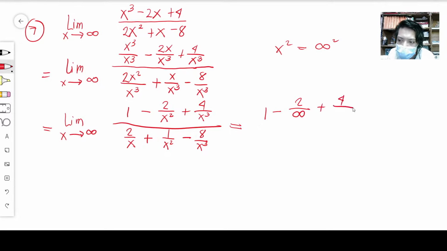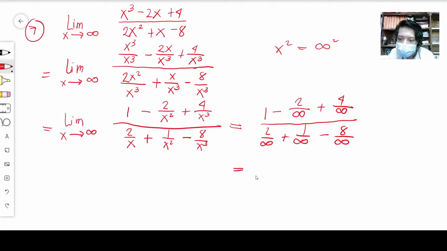How much more for cube? A very large number raised to 3. Of course, it is just infinity. So this is 2 over infinity plus 1 over infinity minus 8 over infinity.